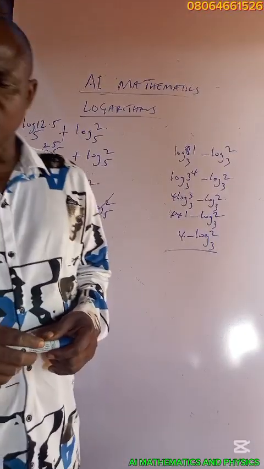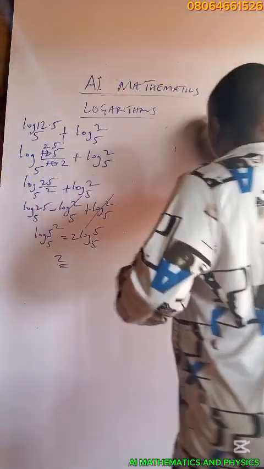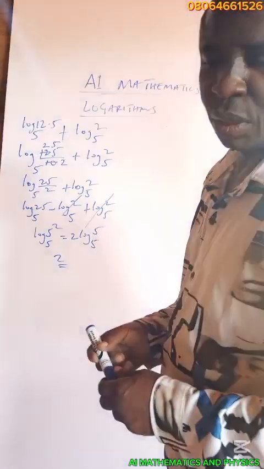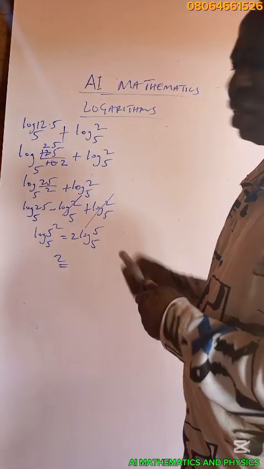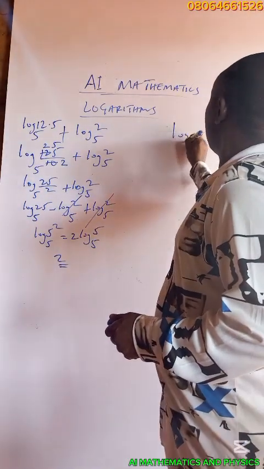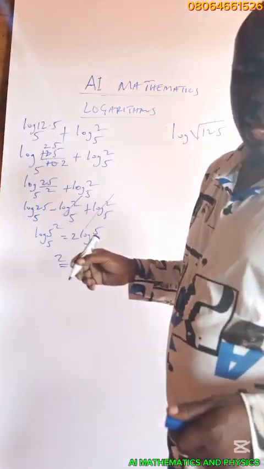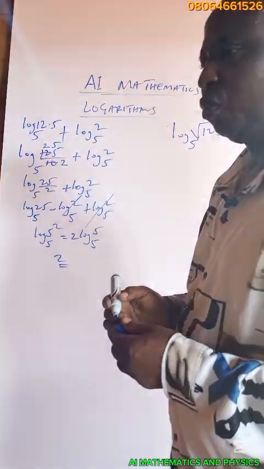Then we have another one that is very interesting. So log square root of 125 base 5.